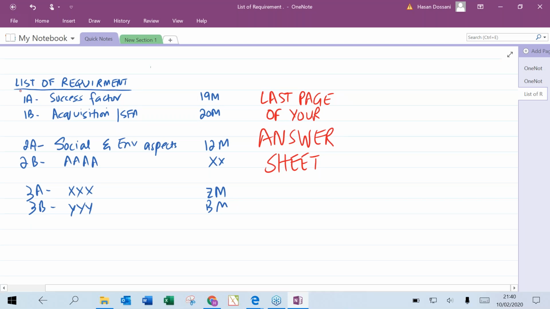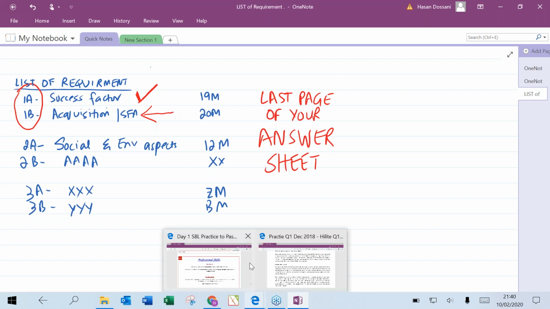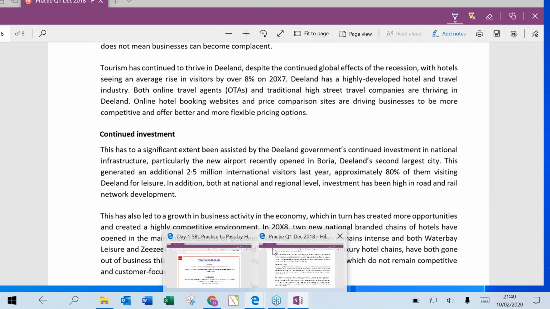Today my target was to do 1A and 1B, but looking at the remaining time, I think we will just be able to do 1A, and unfortunately we will have to carry forward 1B to tomorrow. Okay, so I think it took a little more time than expected because I wanted to be more detailed.